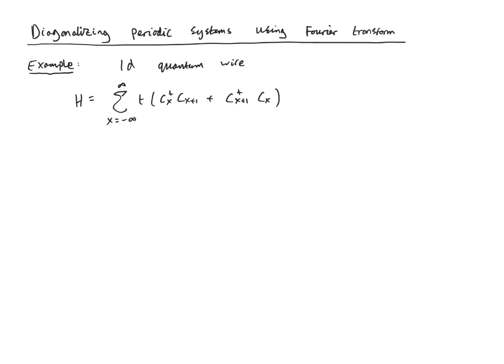And I'm imagining that the tunneling matrix element between sites x and its neighbours, x plus or minus 1, is just given by this t. And because t is independent of x, I have a periodic system. It's translationally invariant up to the lattice constant.